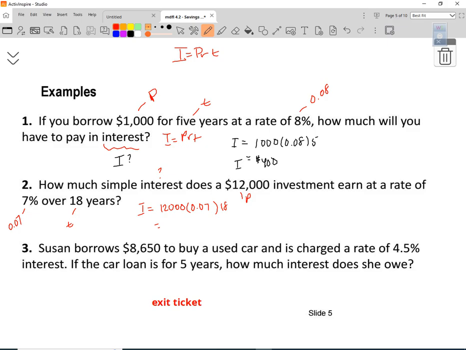Put that one in the calculator. So the interest on $12,000 would be $15,120. That doesn't make any sense, but that's what it is. So interest is very valuable. Let's try that again. 12,000.